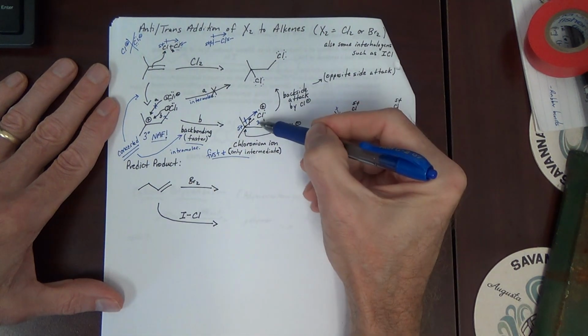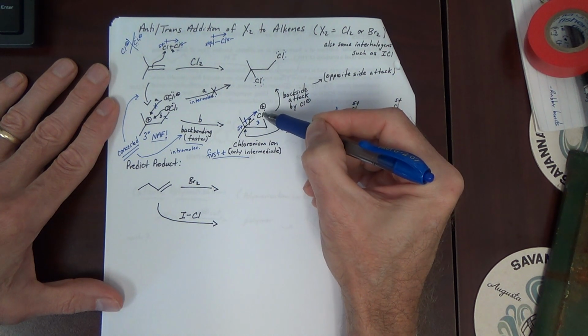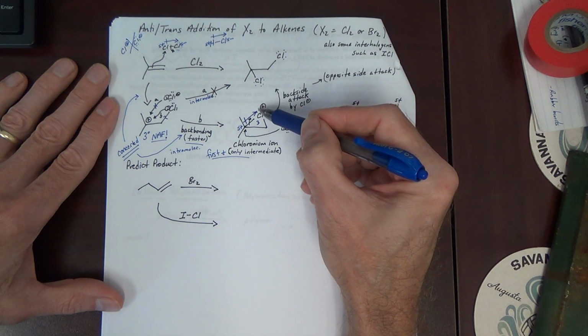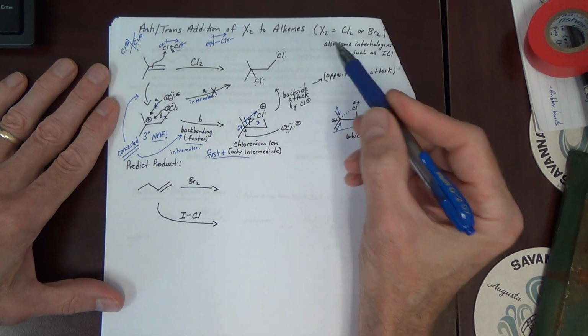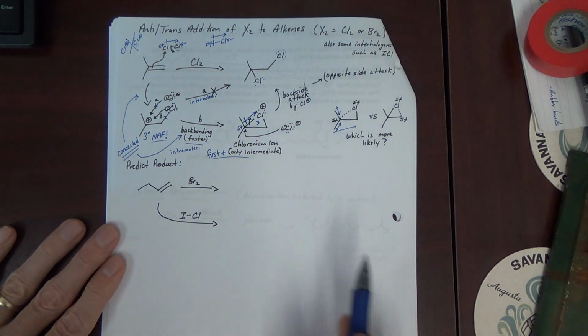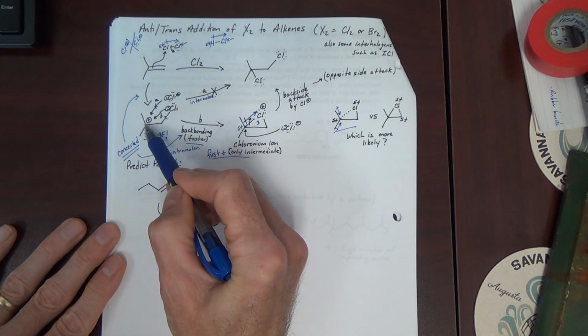Now, a good question that I often get is, why would this chlorine bond back like this to make a three-membered ring, which is strained, and take on a positive charge? Chlorine is very electronegative. Why would it take on a positive charge when it usually prefers to be minus? Well, the back bonding gives us an additional bond.